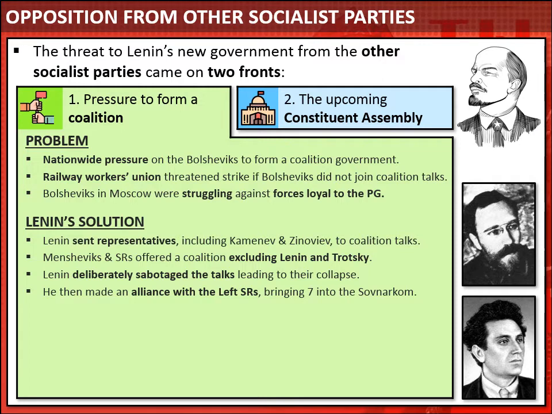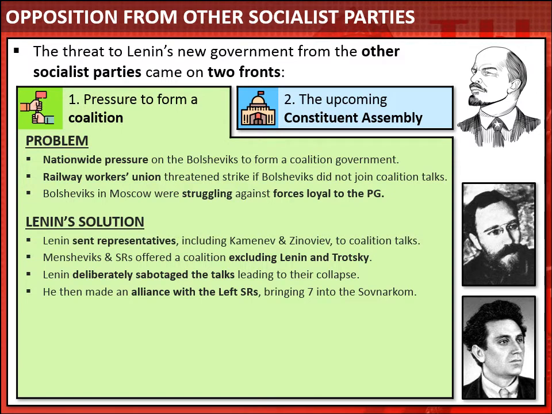Lenin's solution was to send a team of 5 Bolsheviks, including Kamenev and Zinoviev, to take part in coalition talks. When the talks began, the Mensheviks and SRs offered to form a coalition with the Bolsheviks, on the condition that Lenin and Trotsky would be excluded from that coalition government. While this was happening, Lenin deliberately sabotaged the talks, leading to their collapse. How did he do this? Firstly, he made unreasonable demands.